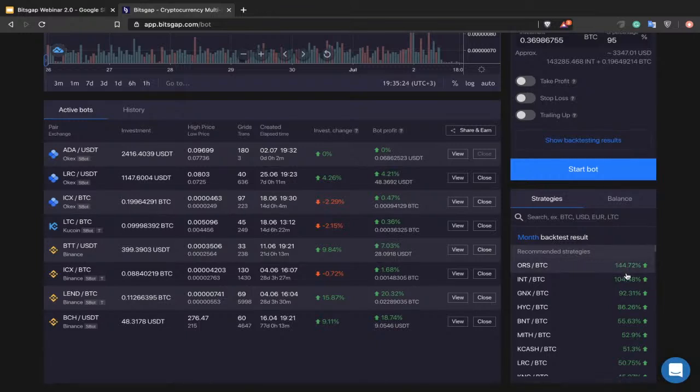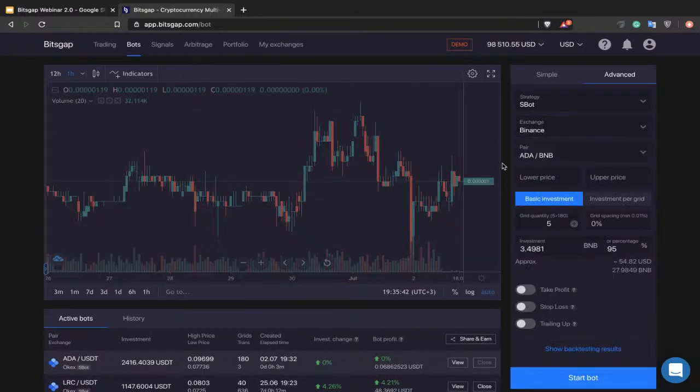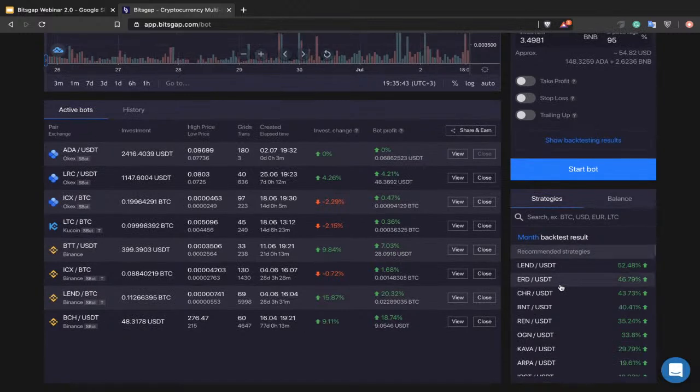No, these are just historic indicators for you to use, just to know that there are cryptocurrencies that are so volatile that they are able to achieve these insane returns, all right? And if you choose Binance, you will get other recommended strategies.